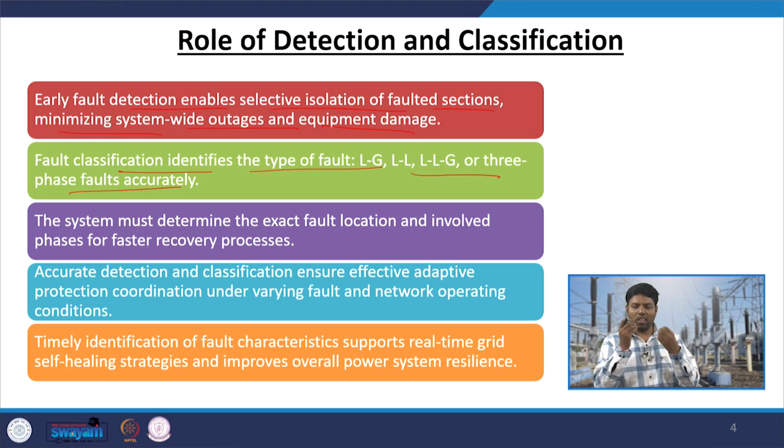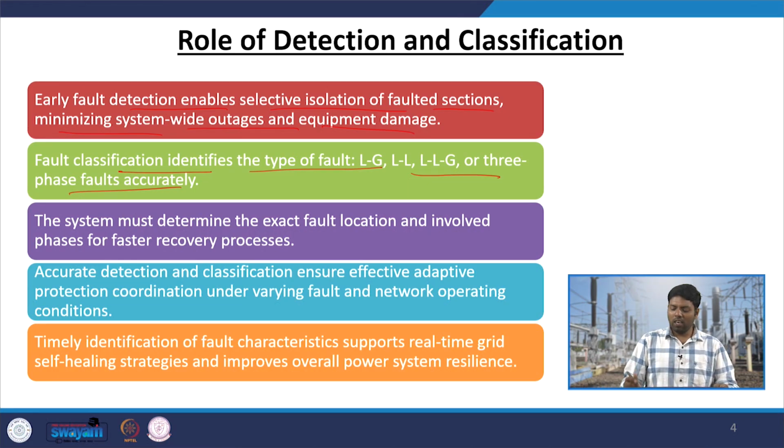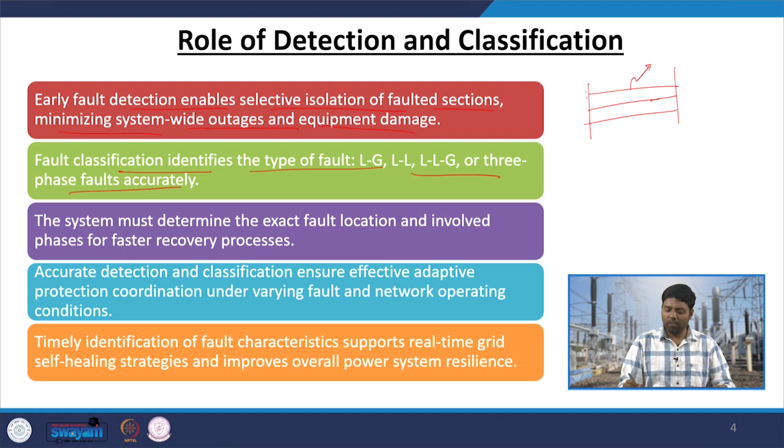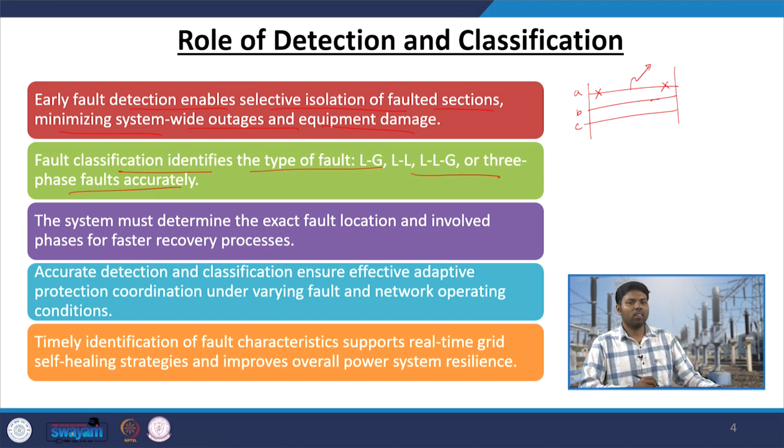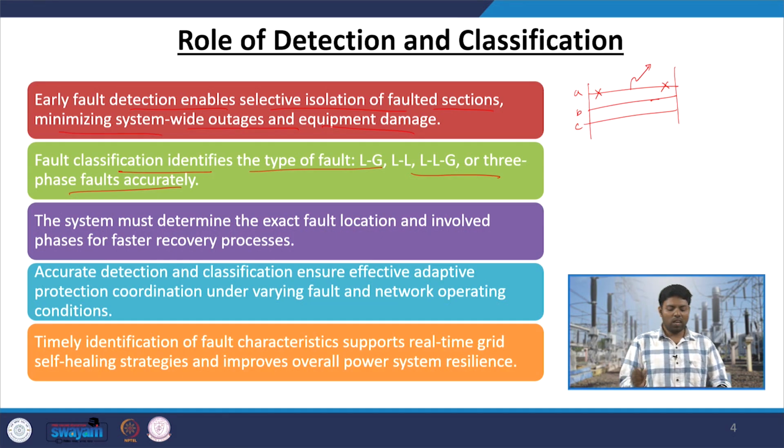If you can identify that, and you have a 3-phase circuit, because your distribution networks are all 3-phase, and let us say you have a fault only at phase A, you can healthily operate your phase B and C, and just turn off or isolate your phase A from the circuit. Otherwise, your B and C can send a reduced amount of power to your load end. So, that is good. So, this classification is a needed thing.